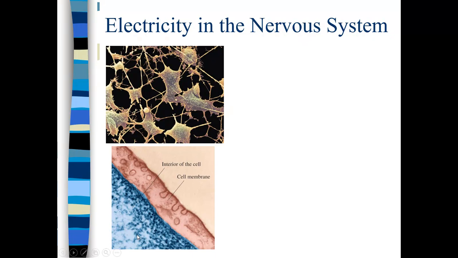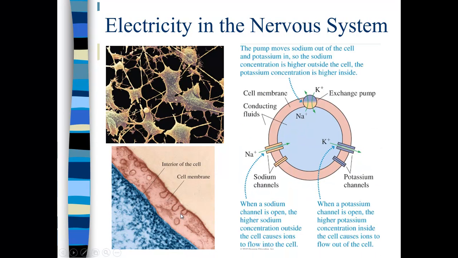And so here's the interior of a neuron. Here's the cell membrane of the neuron. Okay. And a pump actually moves sodium out of the cell. Okay, so sodium leaves the cell, potassium comes into the cell. So the sodium concentration outside the cell is higher, and the potassium concentration inside the cell is higher.